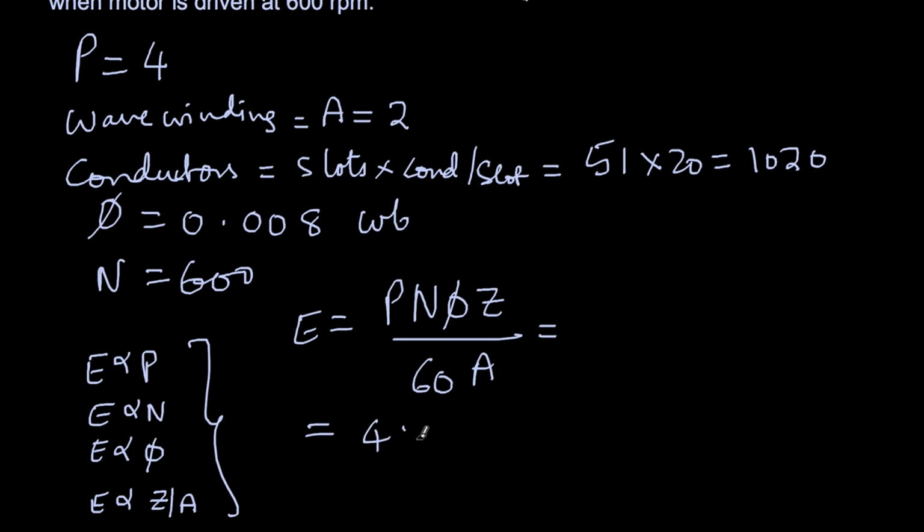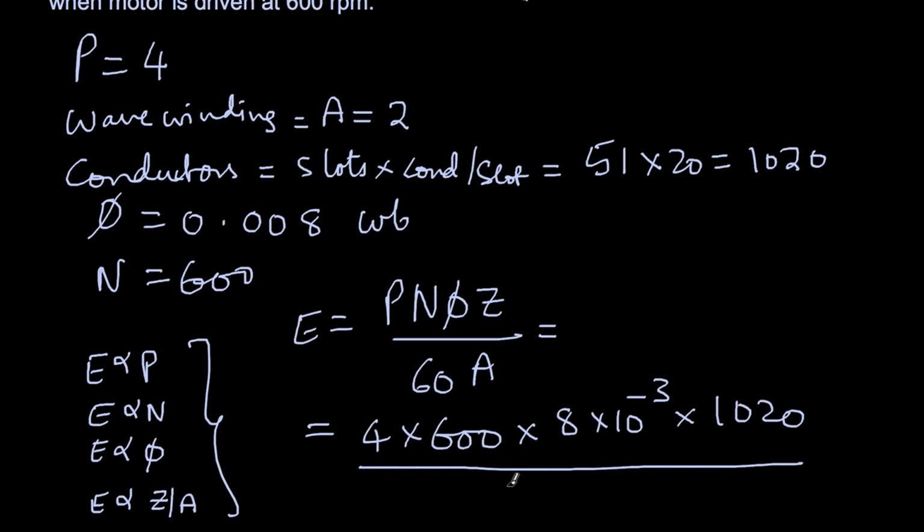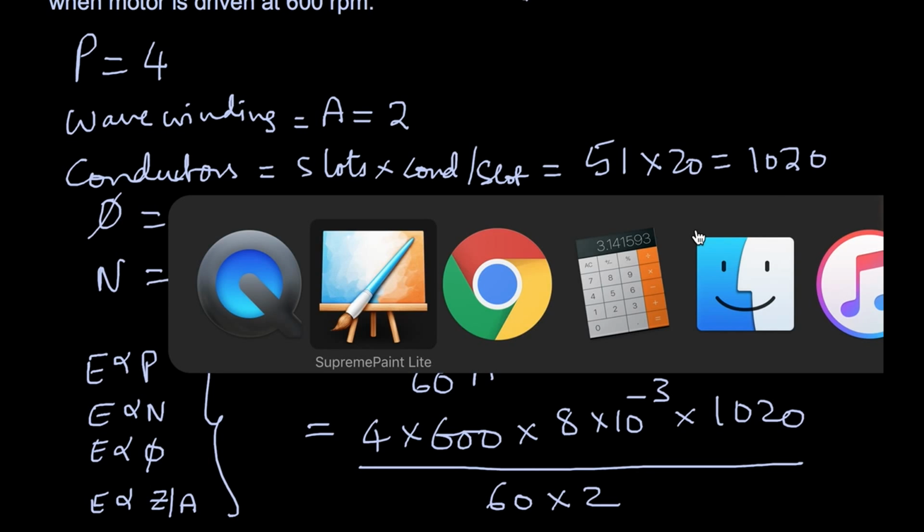So 4 poles, 600 RPM and 8 milliwebers. I can write it like this: 4 into 600 into 0.008 into 1020, divided by 60 into 2. So this is what I need to calculate to get the EMF. Let's use my calculator.